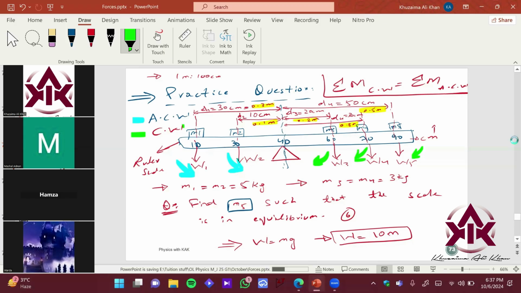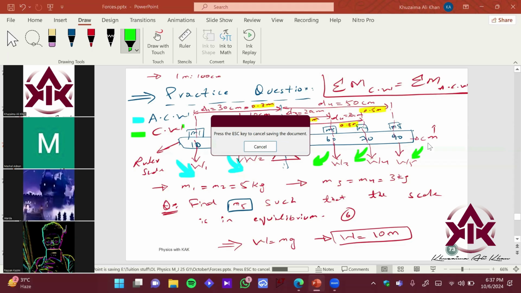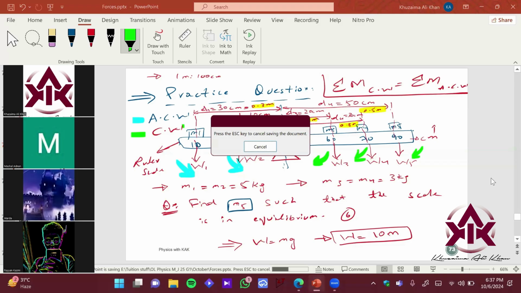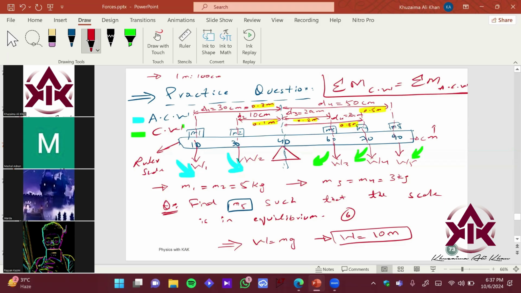So now let's add on the equation over here. Let me just save this so we can keep track of the progress. Clockwise, it is weights 3, 4, 5.